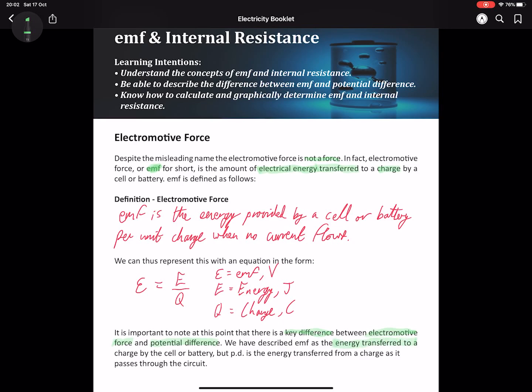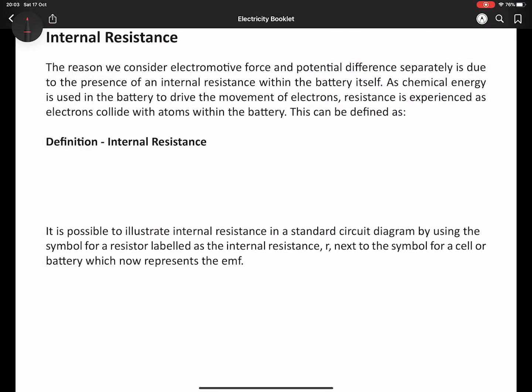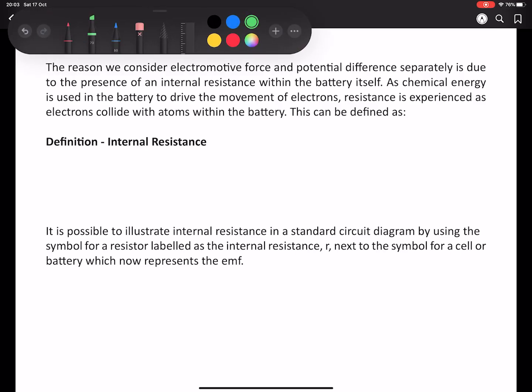So EMF is the energy transferred to charges by the cell or battery when there's no current, but PD represents the charge being transferred to the components in the circuit, so the actual amount of potential experienced by the circuit. Now this is all due to something called internal resistance.